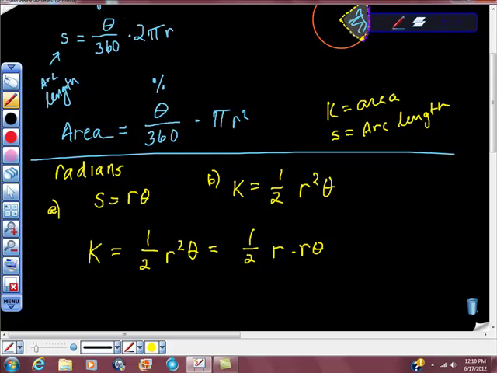If we did R times R, we get our R squared back, and this theta is that theta. We haven't changed a thing, except for the fact that we can do this.